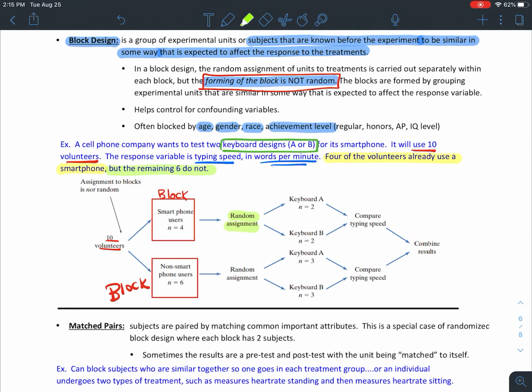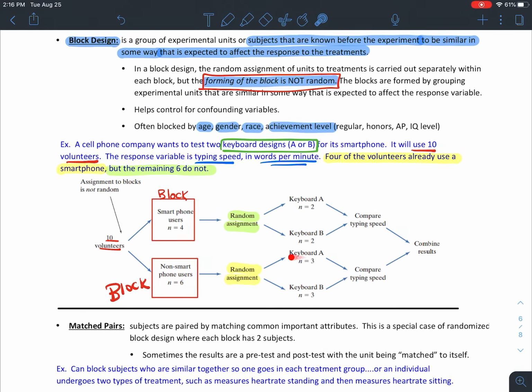And then within this block of 4, I'm going to randomly assign half of them. So 2 of them are going to use keyboard A, and 2 of those smartphone users are going to use keyboard B. That way, I have half of the experienced smartphone users using each type of keyboard, and I can compare the results of the groups who are experienced.